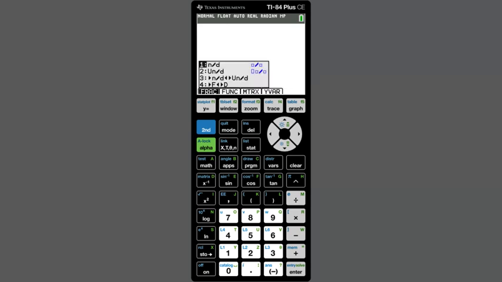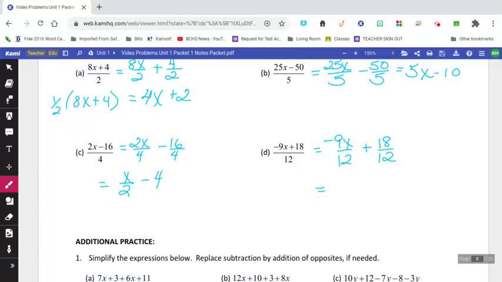So remember, that's alpha y equals number 1. So if I do negative 9 over 12, I get negative 3/4. And again, I can write it as the way I did here, negative 3/4 x or negative 3x over 4. It's the same thing.